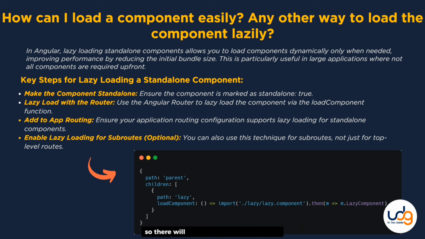There we provide loadComponent, then an arrow function, then import the component and provide the component name there. Any other way to load a component lazily? Tell me, what is the other way to load a component lazily?